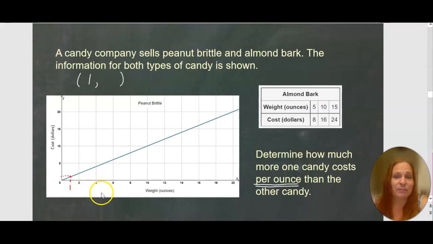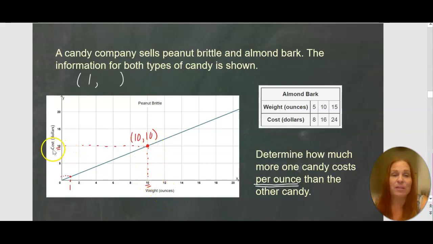Let's look at a different point, maybe one that we can see. Oh, here we go. So I can see this point is right on the intersection of 10 and 10. So this point is 10, 10, right? My x value is 10 ounces.